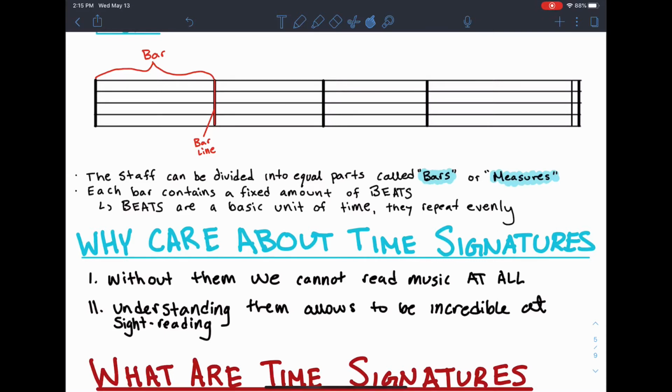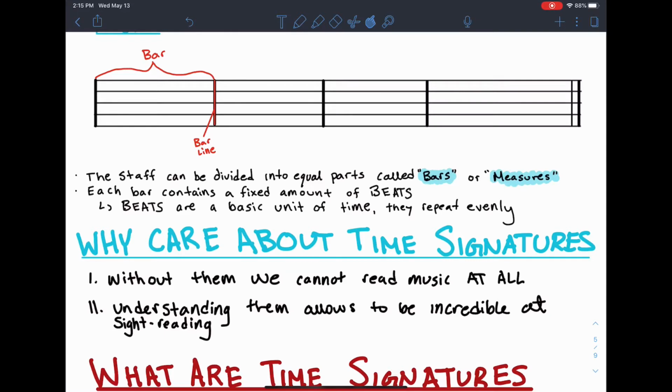Before we jump into what time signatures are, I want to tell you why you should care about learning them. The first thing, from a percussionist perspective: you cannot read music at all if you do not understand time signatures, and I'll show you very soon why that is. If you don't have a firm understanding of time signatures, reading music will be next to impossible.